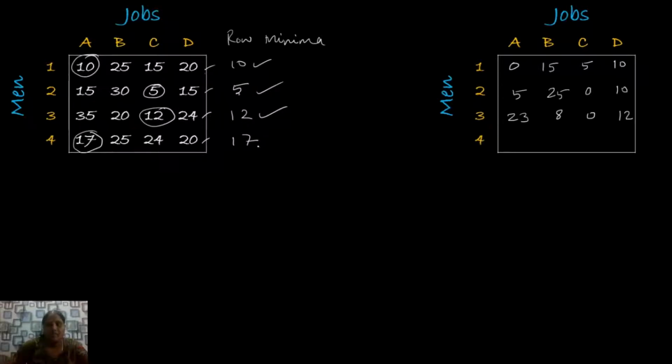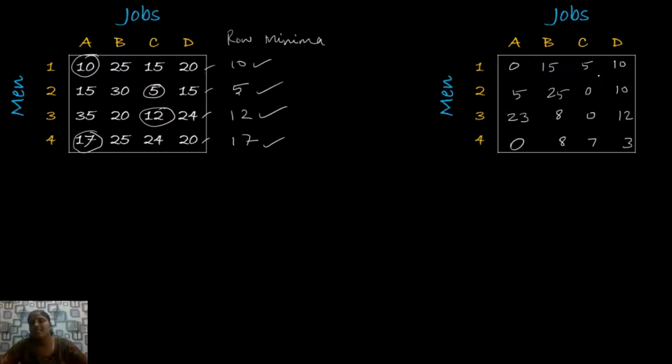Next for the last row, 17 is the minimum element. So 17 minus 17, 0. 25 minus 17, 8. 24 minus 17, 7. 20 minus 17, 3.